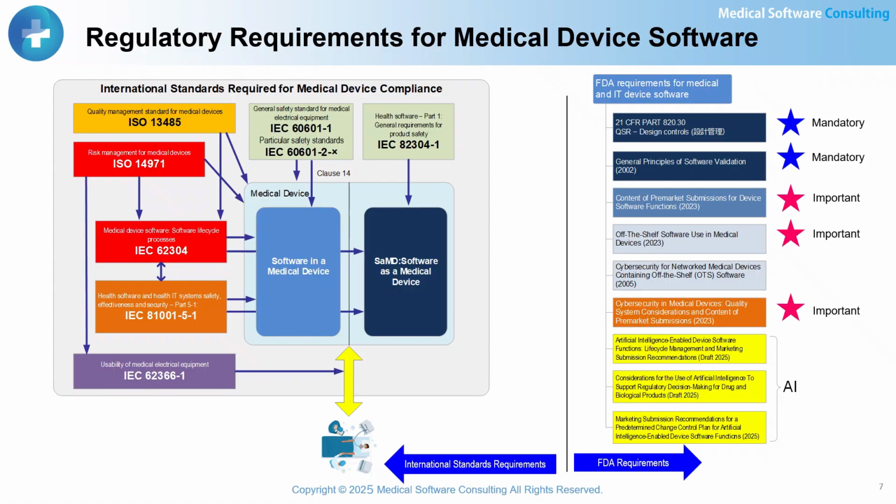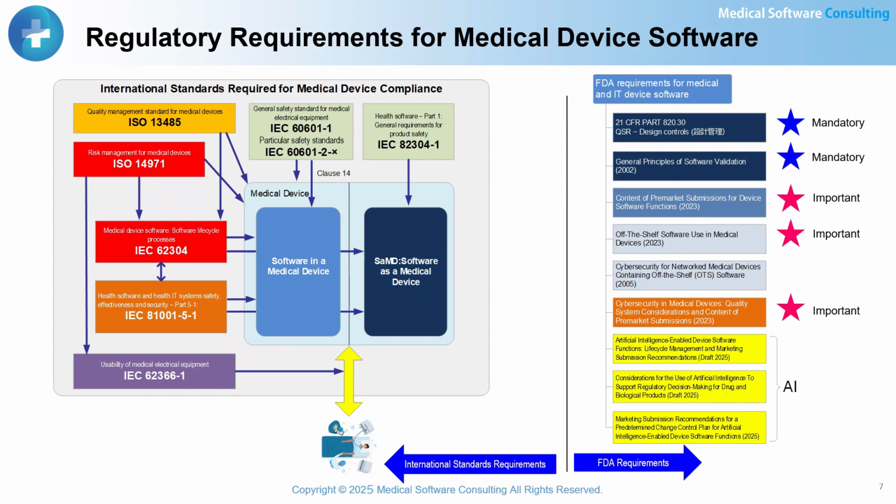This slide shows the key regulatory requirements for medical device software. On the left side, we can see the international standards that are required for medical device compliance. These include ISO 13485 for quality management, ISO 14971 for risk management, and IEC 62304 for software lifecycle processes. We also see related standards such as IEC 81001-5-1, which focuses on health software and IT system security, and IEC 62366-1 for usability.